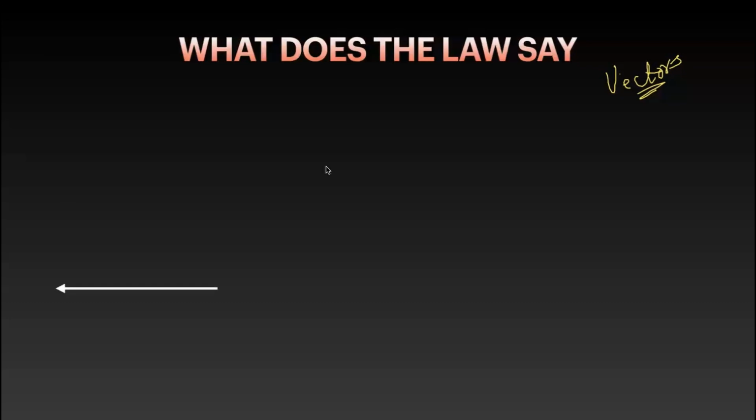Okay, assume you have one vector over here. What I will do, I will take and assume you have one more vector like this. Now, the resultant of these two vectors, or the result of the addition of these two vectors, is given by this red color vector. Is this clear? Okay. See, this is assume vector 1.